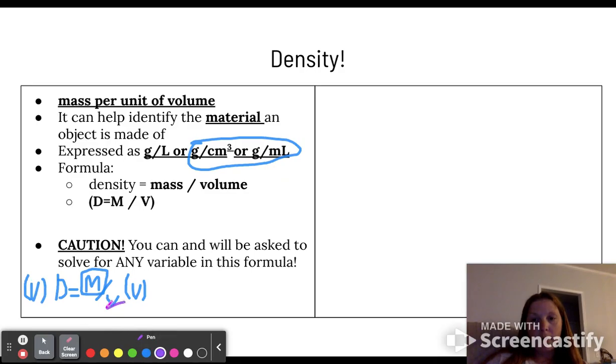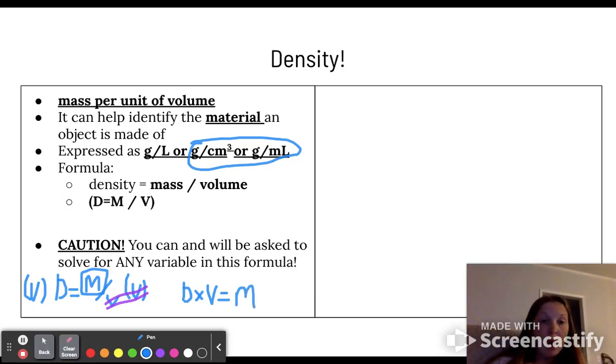That is going to cancel these volumes out. So now you've got density times volume is equal to mass. So you can solve for any variable that you might need.